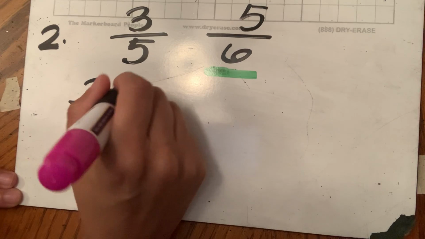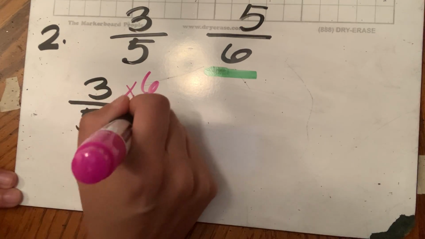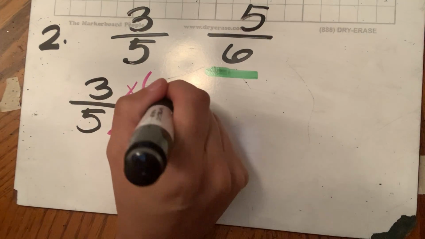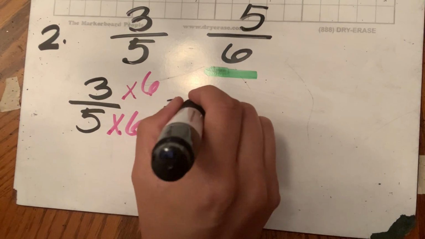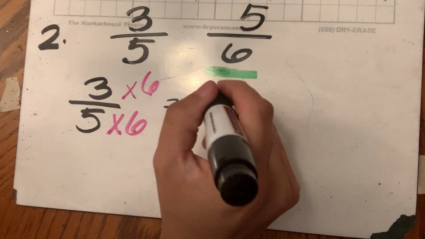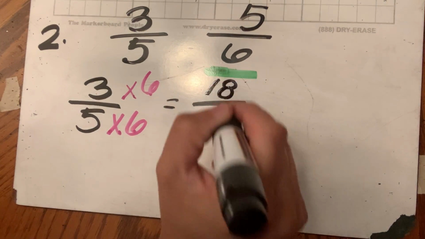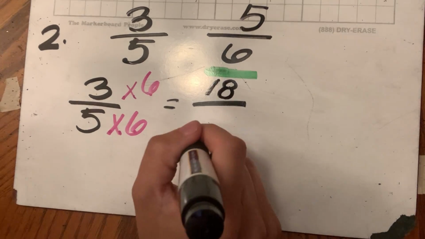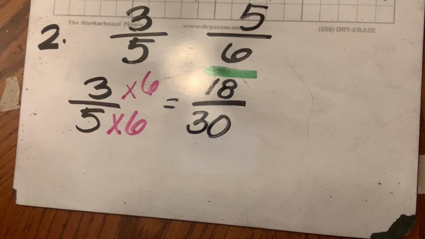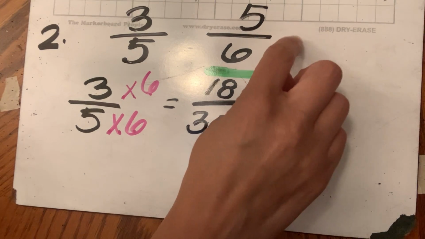So I'll multiply by 6 here. I'll multiply by 6 here. And if we multiply, what's 3 times 6? Yep, you got it. 18. And what's 5 times 6? Yep, 30. Check.